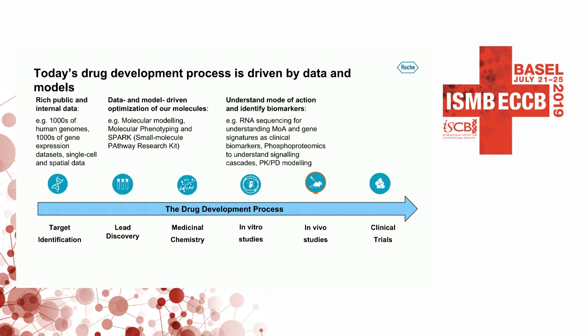Then we really work a lot in the context of, once we have a drug, we try to understand if this drug is doing what it should. Okay, I mean, we have a hypothesis based on the target, but we don't know if we modify that target, is really something happening in a disease model, can be a mouse model, can be a cell line, can be whatever. And there you really use a lot of biostats and bioinformatics.